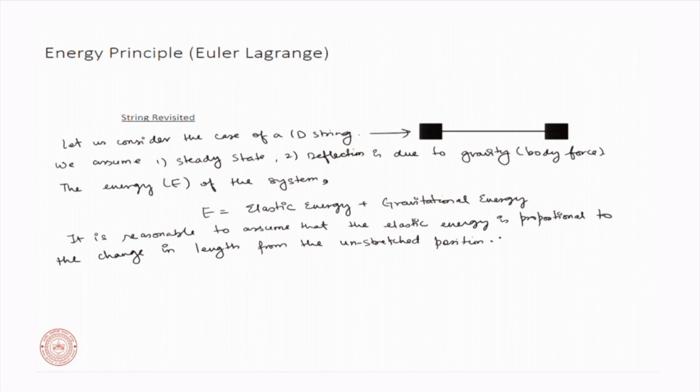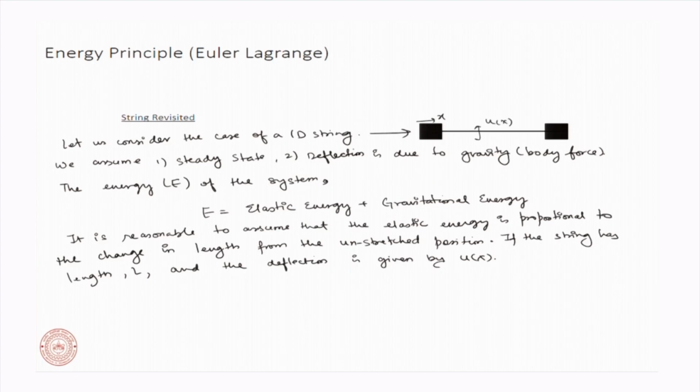Okay. So, if the string has a length L, and the deflection is given by u, which is a function of x. So, in the x dimension, again this is the x dimension say, and any deflection is u, which is a function of x.